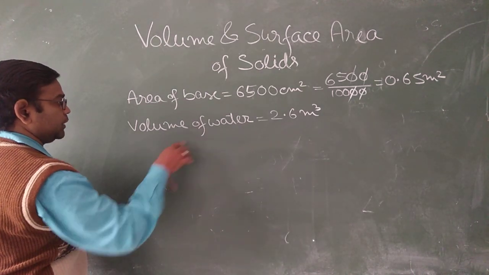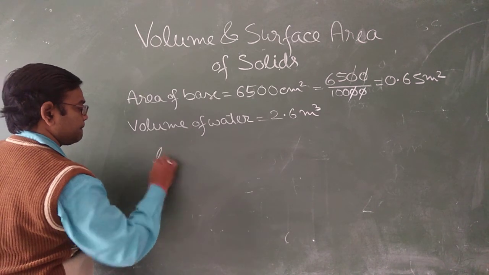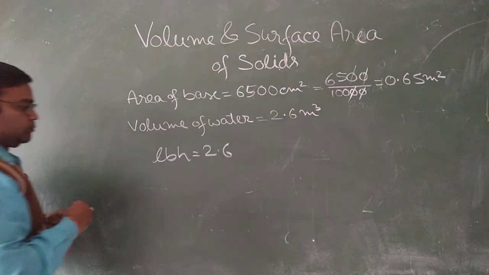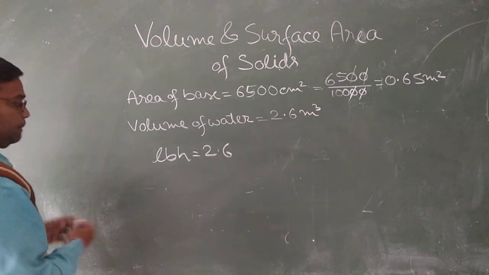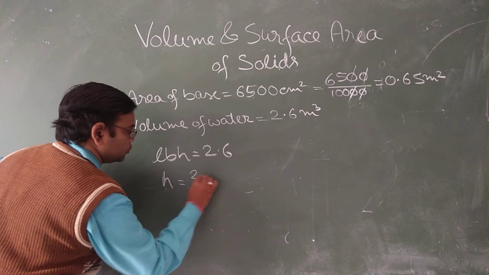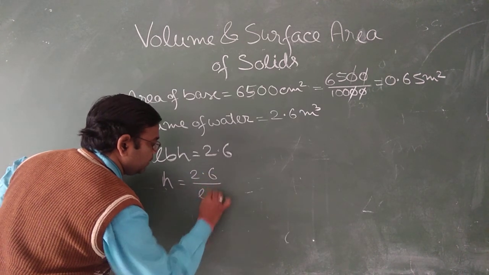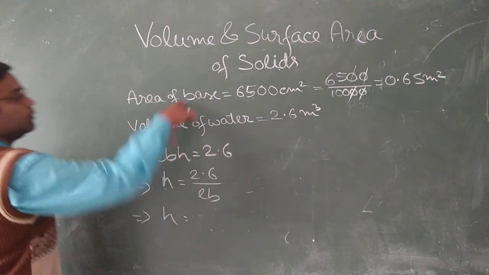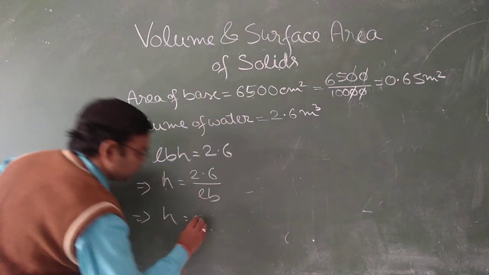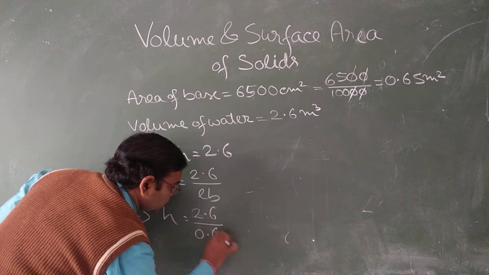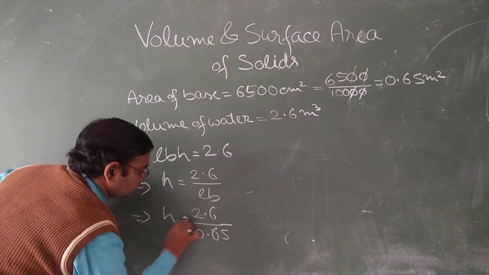From this we can easily say that LBH equals 2.6. So H equals 2.6 divided by LB, and we know the area of the base, that is your LB, is 0.65, so 2.6 divided by 0.65.